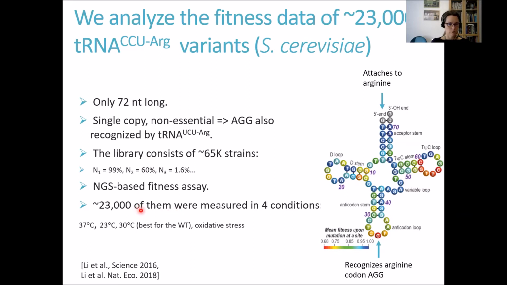And 23,000 of these genotypes were then measured in 4 different conditions, which include high temperature, 37, low temperature, 23, 30, which is the best condition for growing yeast, and then oxidative stress, also at 30 degrees.